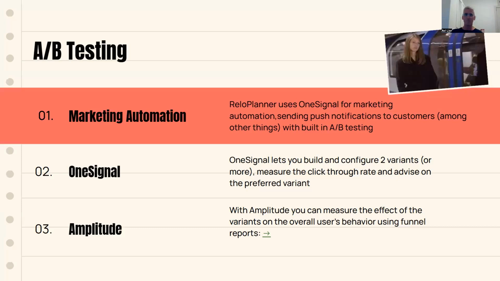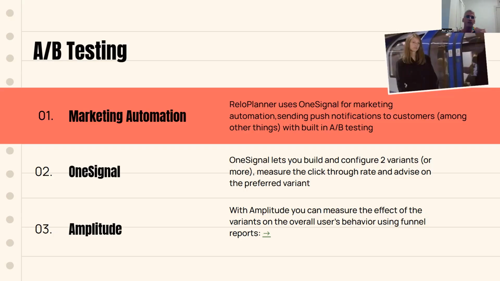Let's look at another example of how things are working. So let's define marketing automation. OneSignal is a popular marketing automation product. It's integrating push notifications, emails, and many other forms of communication to customers.